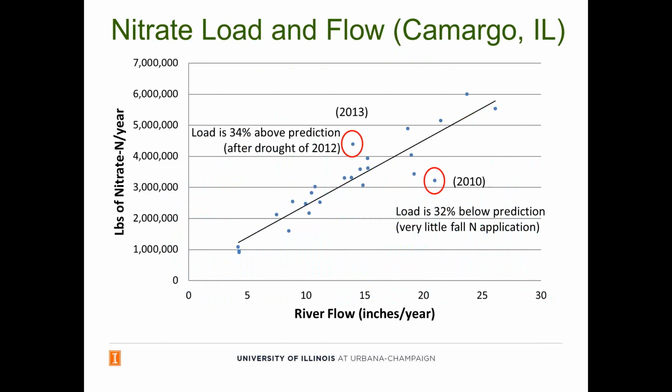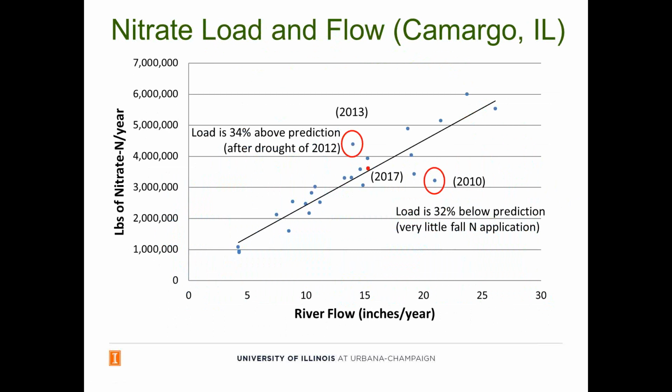And so let me point out the 2 points that fall off the line, and it's those 2 years. The 2013 load is 34% above the predicted line here, and 2010, the year without fall N, it's 32% below the line. So this long-term data set allows us to document or demonstrate an outlier of sorts.